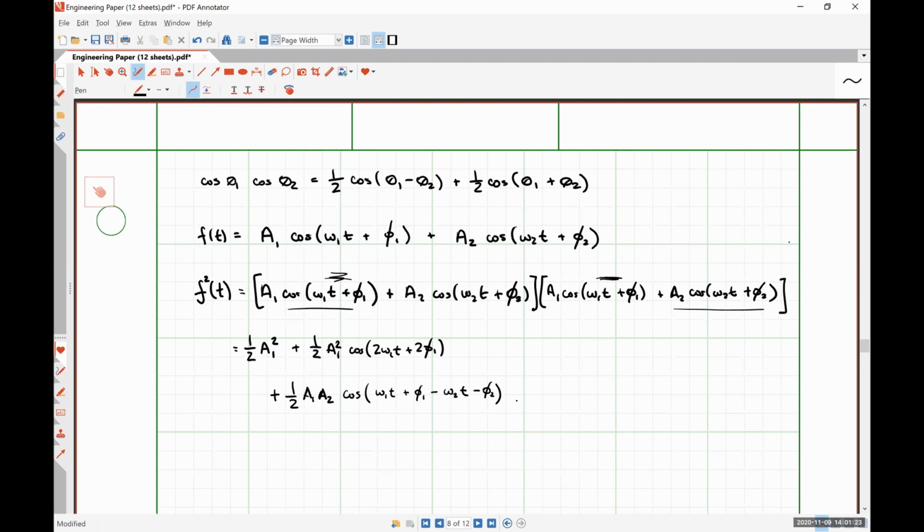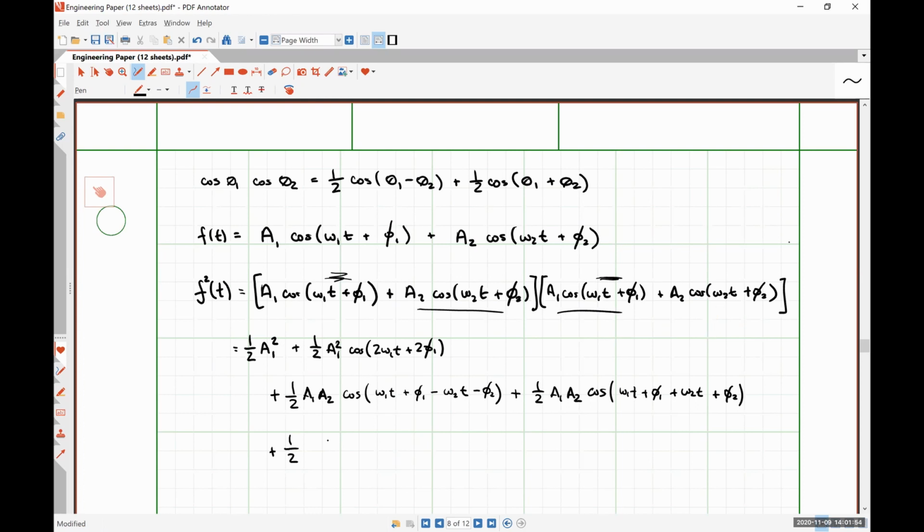We could then group the frequency terms together, which I'll probably do in another step, plus 1/2 a1 a2 cosine of omega 1t plus phi 1 plus omega 2t plus phi 2. Then I need to do this one times the first one.